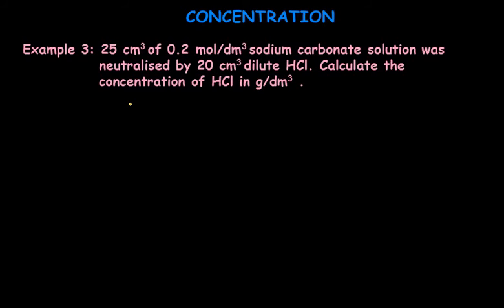The first step to calculate the concentration is to write a balanced equation. So let's first write a balanced equation where sodium carbonate, that is Na2CO3, reacts with hydrochloric acid, and the products should be sodium chloride, carbon dioxide and water.